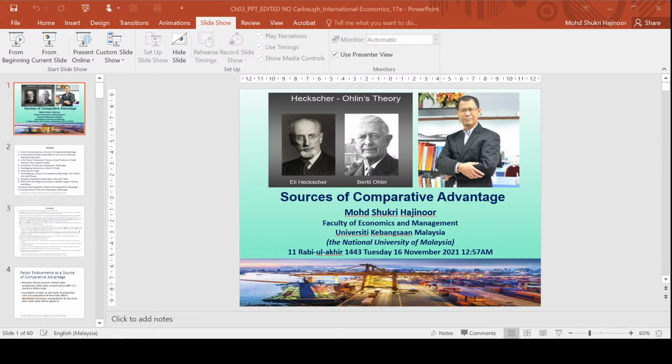What are we leaving? We finish with the factor endowment theory. Finish with Heckscher-Ohlin, because Heckscher-Ohlin is only factor endowment. All other things are the same, ceteris paribus. Only factor endowment. So you must remember, this is still the concept, okay?